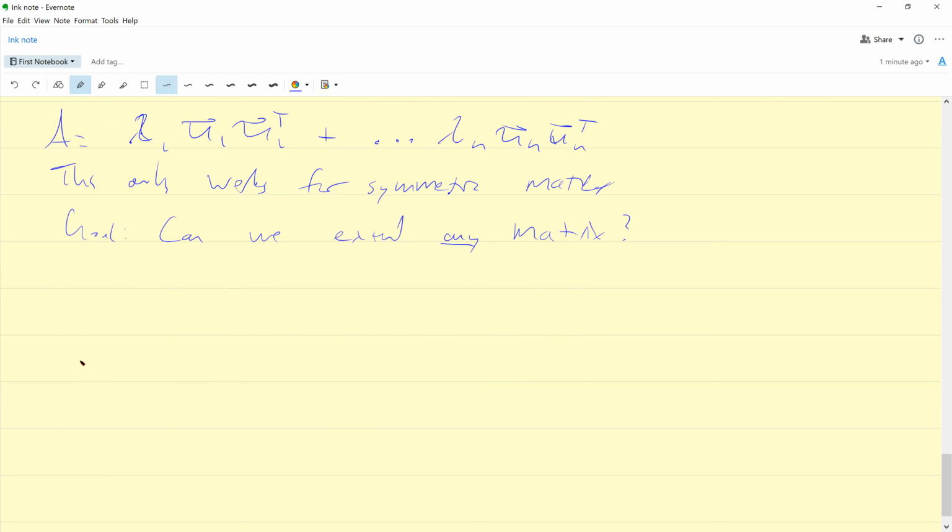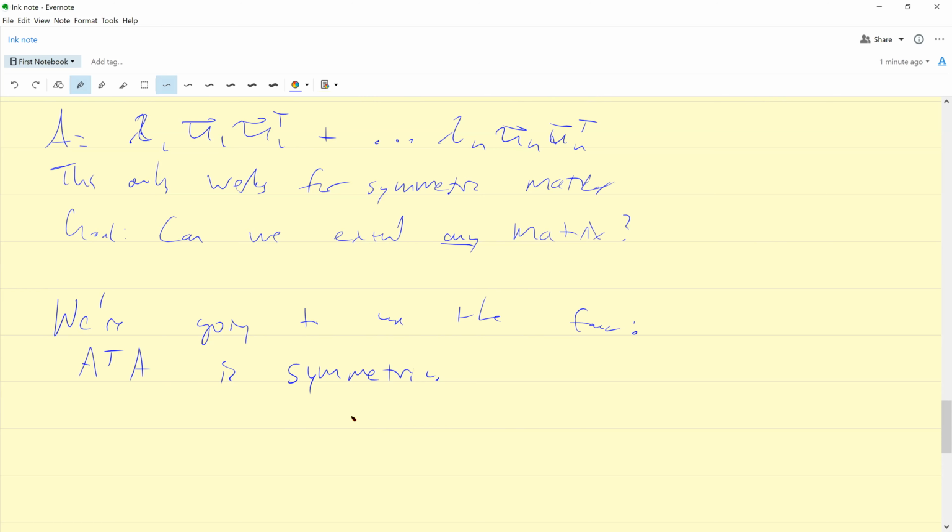We're going to use one really important fact: for any matrix, A transpose A is going to be symmetric. So we can do this process with A transpose A.